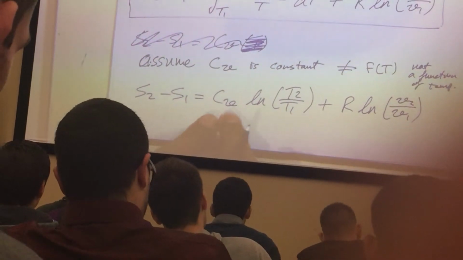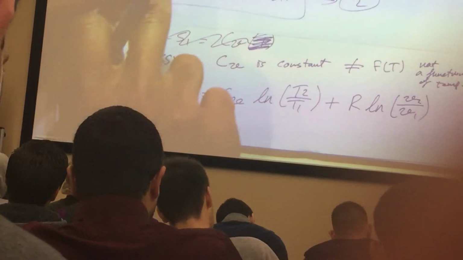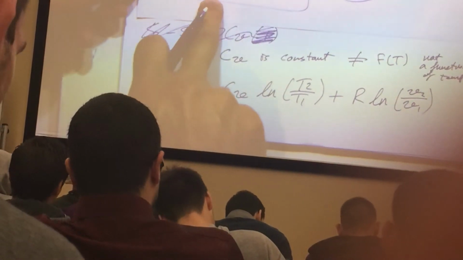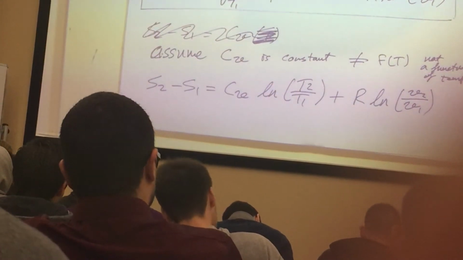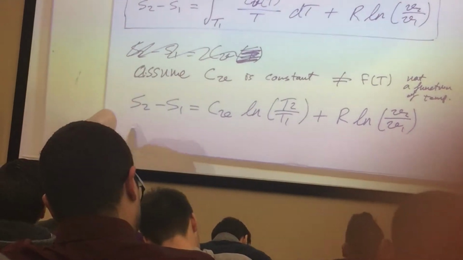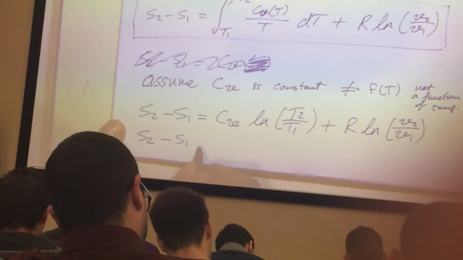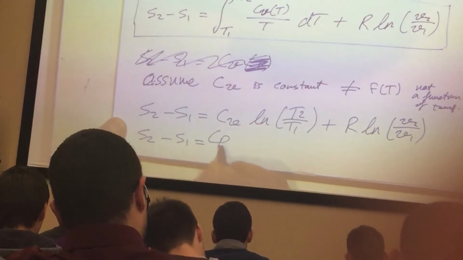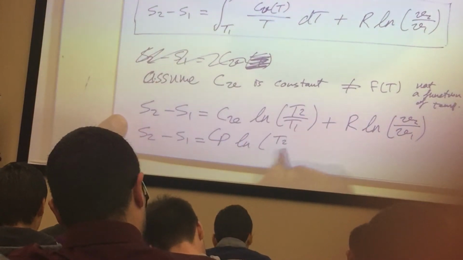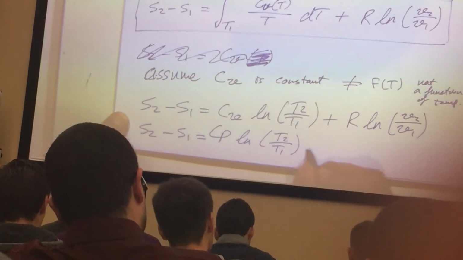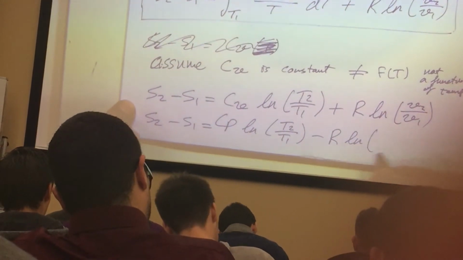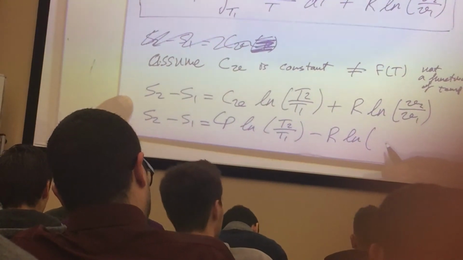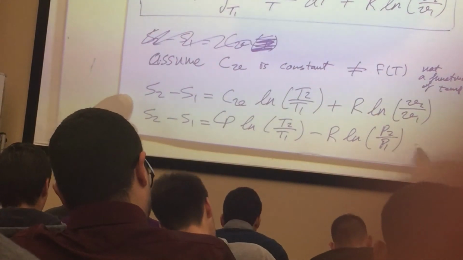And if I already know how to do it in terms of Cv, using the same TdS equation that we have right here, I could apply it for Cp, because I already know that enthalpy right here is a function of Cp. So from there, I could get the same exact equation for Cp, which is S2 minus S1 is equal to Cp, the natural log of T2 over T1, and in this case it's going to end up negative, R natural log of the pressure ratio.